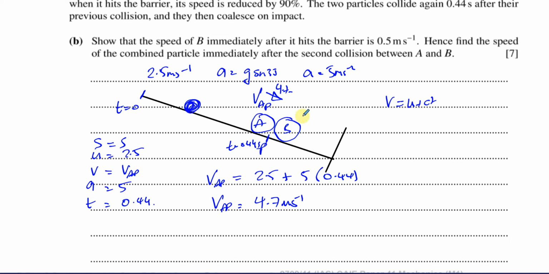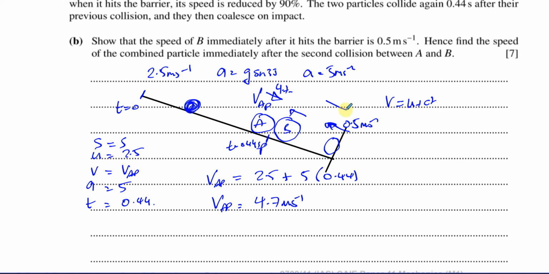All right, so now we've got to work out what's happening to B at that same time. Now B has come off the barrier at a speed of 0.5 meters per second, and it's going up the slope with a deceleration of 5. Basically, now it's going this way, and the acceleration is going down the plane. So it's decelerating up the plane.